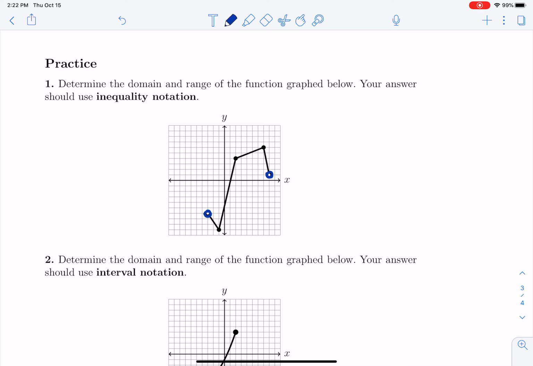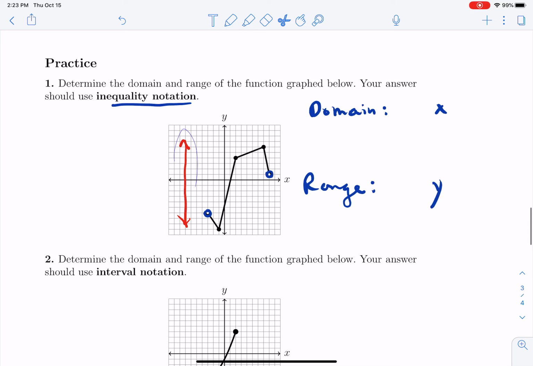We could look at the first one together. So in inequality notation, we're interested in the domain and the range. I'm going to start us off just by putting an x and a y so I don't forget. Now for the domain, which is the x values, if I need to, I can draw a vertical line.